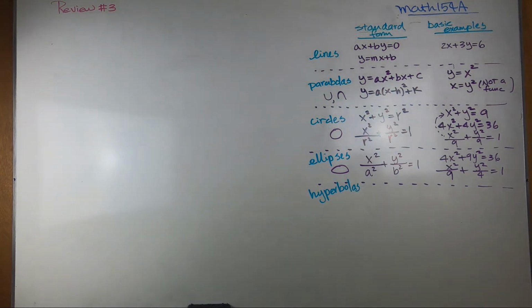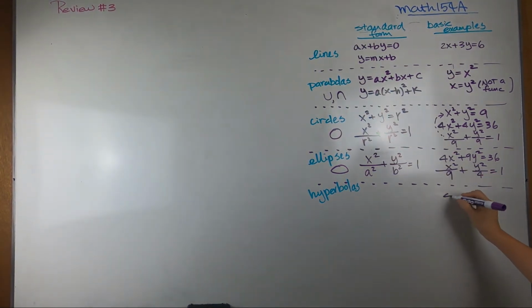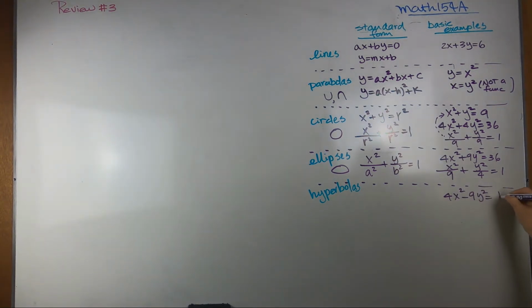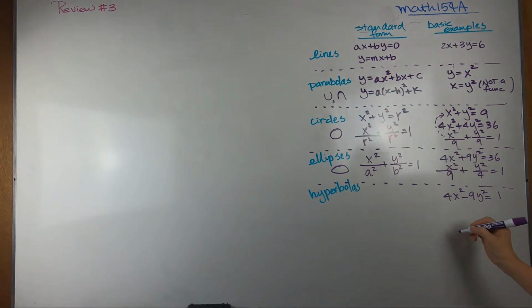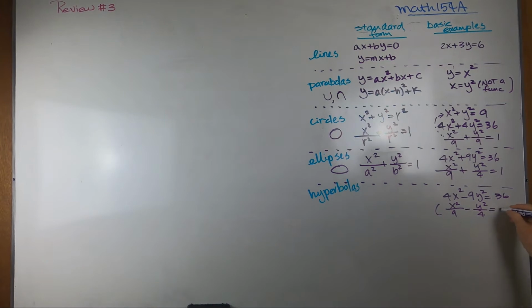Then for hyperbola, you have what? Instead of plus, you might have 4x squared minus 9y squared equals, not 1, say 36. When you divide it by 36, it would be x squared over 9 minus y squared over 4 equals 1. They are the same, right?